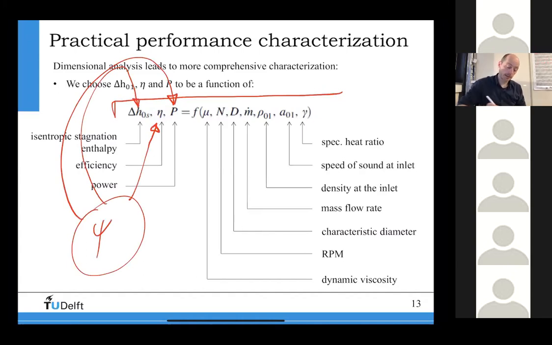And we would like to get these as a function of, I don't know, rotational speed maybe, mass flow, and other things, right? So maybe you can see it here. What is the viscosity of the fluid? What is the diameter of the machine? What is the density, viscosity, and speed of sound? And also gamma, of course, the specific heat ratio are a function of the fluid.